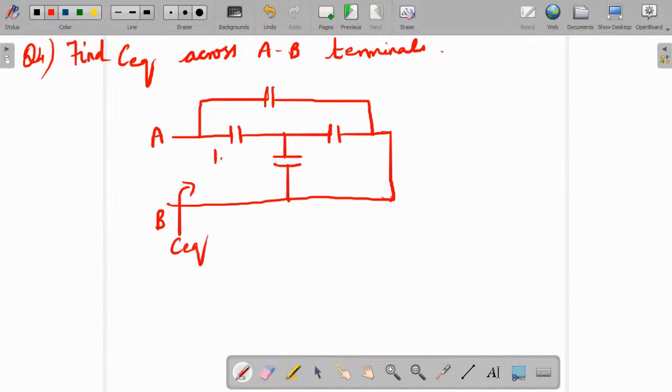So this is 1.5 microfarad, this is 2.5 microfarad, this is 2 microfarad and this is 1 microfarad.